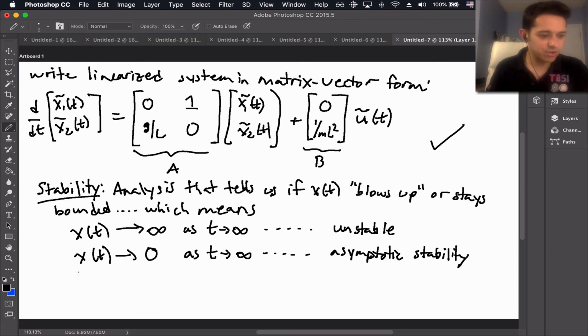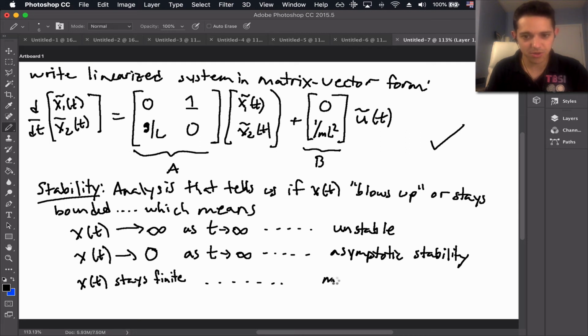Now there's actually an alternative, something in between going to infinity and going to 0, and that's that x stays finite. That is, it doesn't go to infinity, but it doesn't go to 0. And this situation we're going to refer to as marginal stability.